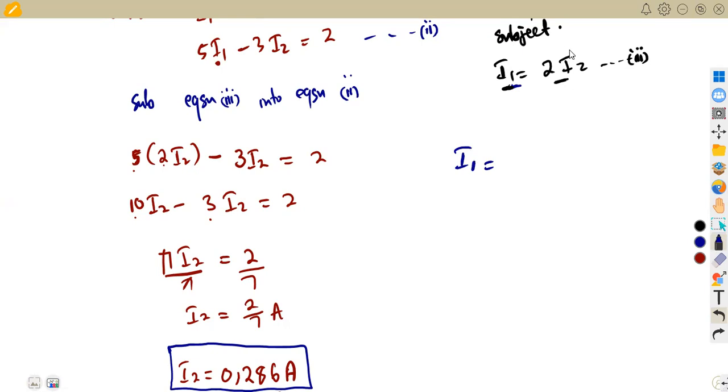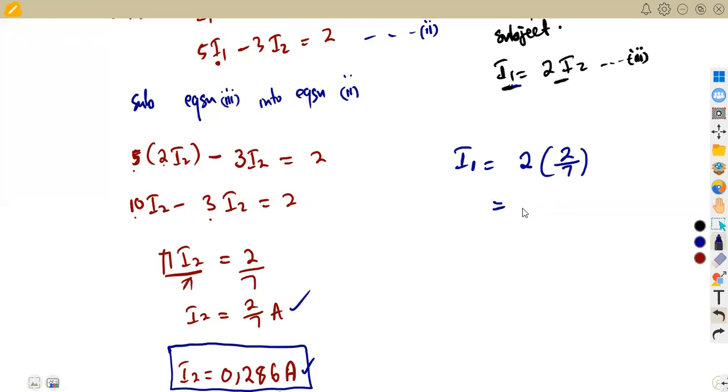That means I1 is going to be given as 2I2. Maybe someone wants to substitute from the fraction here, which is fine. So let us save it as 2 times 2 over 7, for the sake of others.